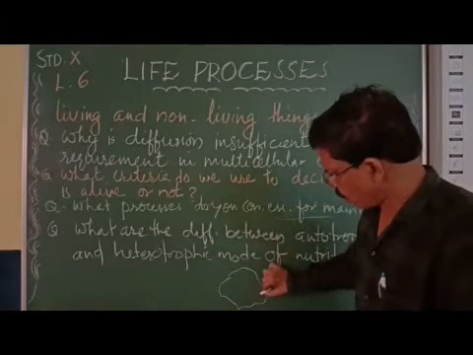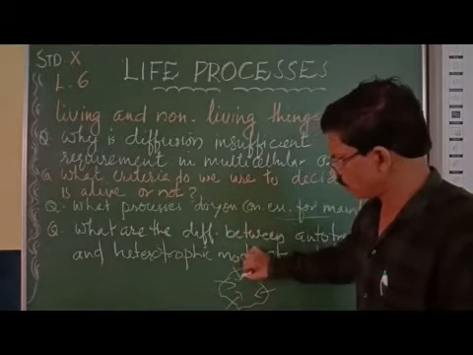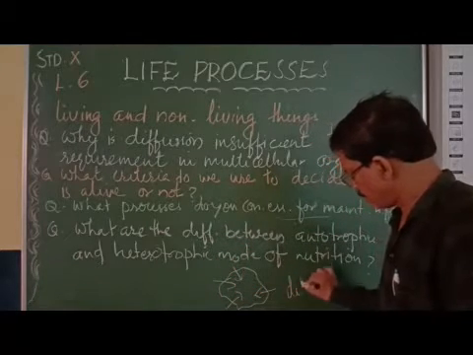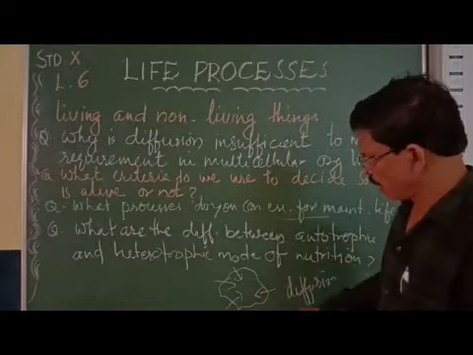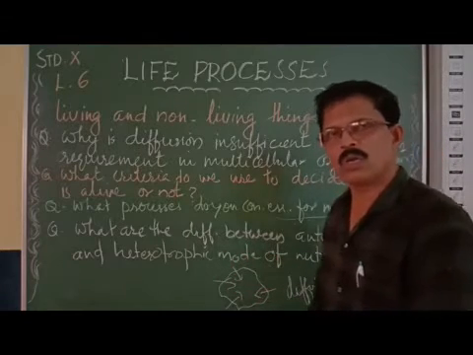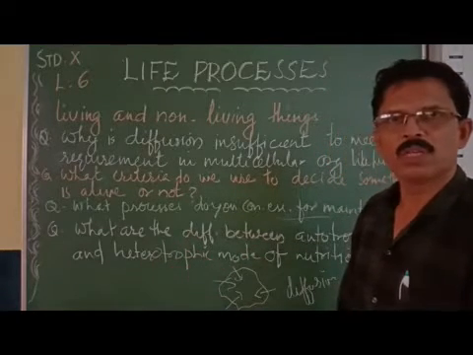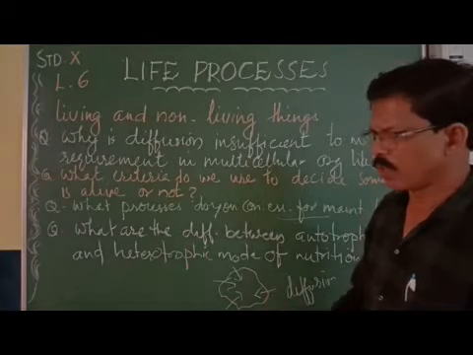Amoeba gets food, oxygen, everything from the surrounding medium by diffusion. Diffusion is the process whereby materials are exchanged between unicellular organisms and their surroundings, because diffusion is enough for them to meet their energy requirement.